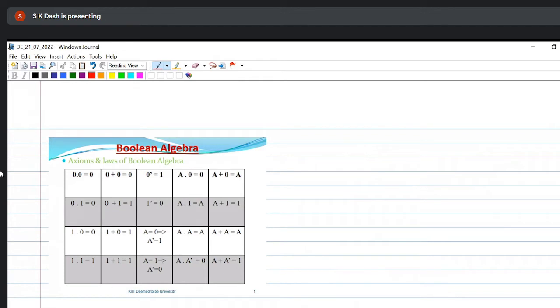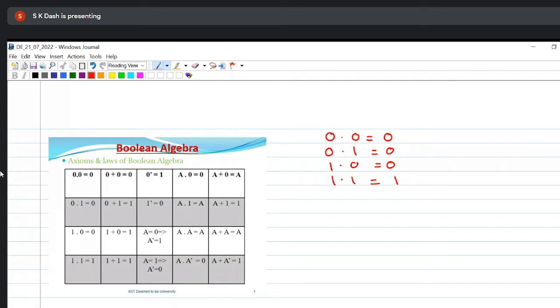In this Boolean algebra, we have certain axioms and laws that we have to follow. We already discussed these things, just to overview. In Boolean algebra, 0 dot 0 will be 0, 0 dot 1 will be 0, 1 dot 0 will be 0, and 1 dot 1 will be equal to 1.